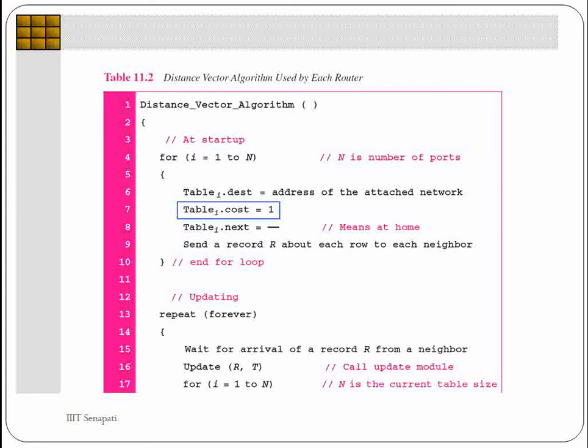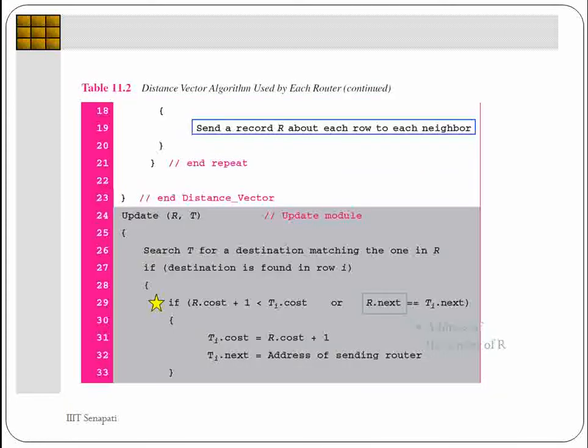So after a router has updated, what it has to do is send a record R about each row to each neighbor. It will send the information to the neighbors. No problem.